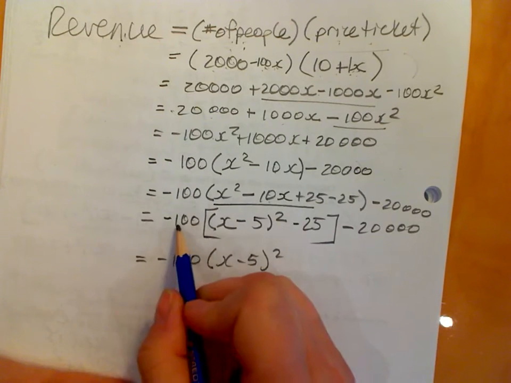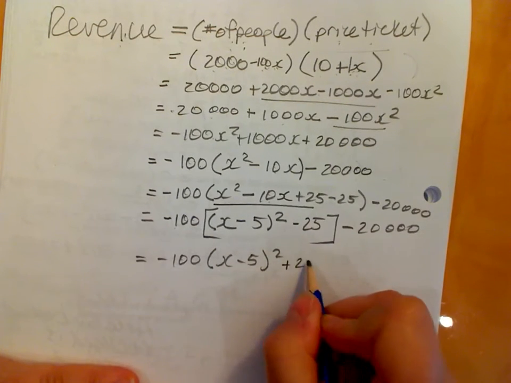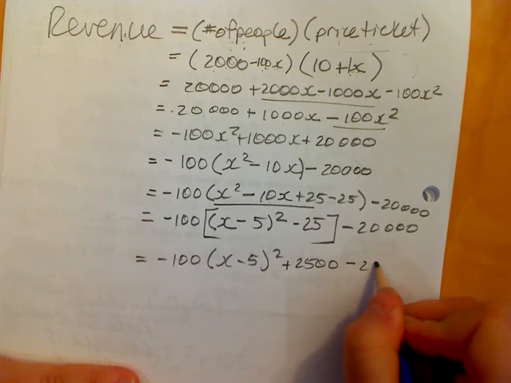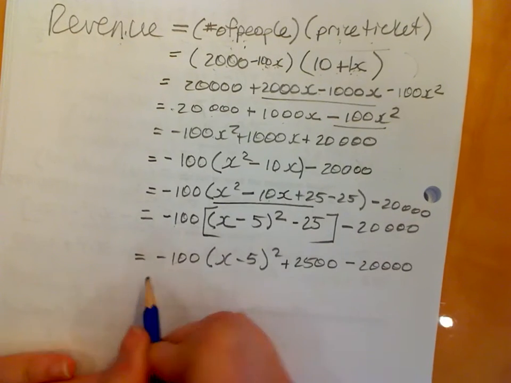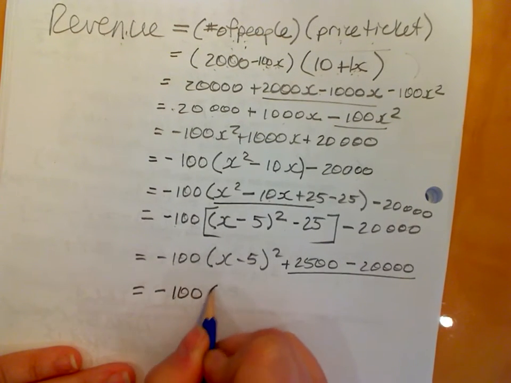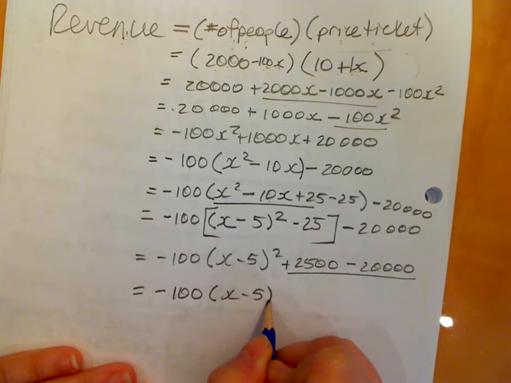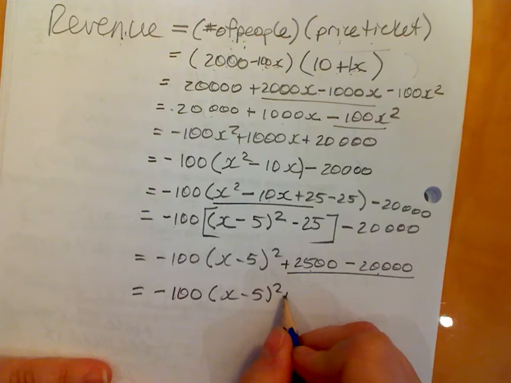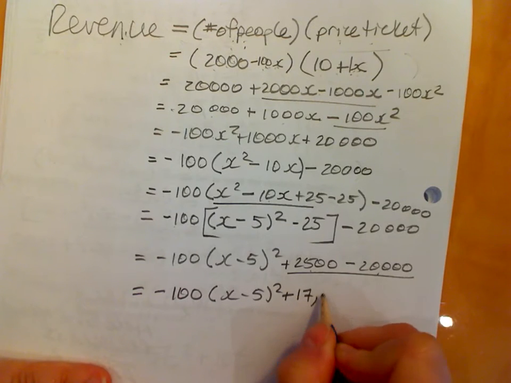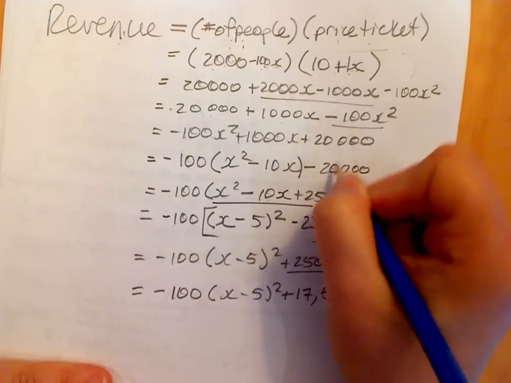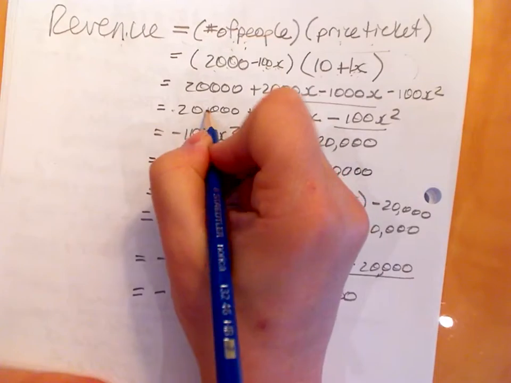Minus 25 times minus 100 is positive 25 with 2 zeros. And then I have to collect those. So that's 20,000 minus 2,500, which is positive 17,500. Better to have some commas in there.